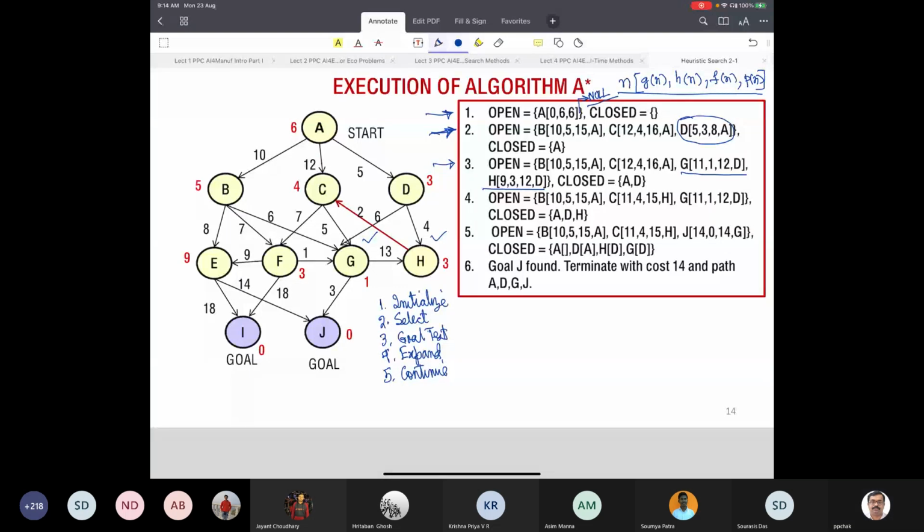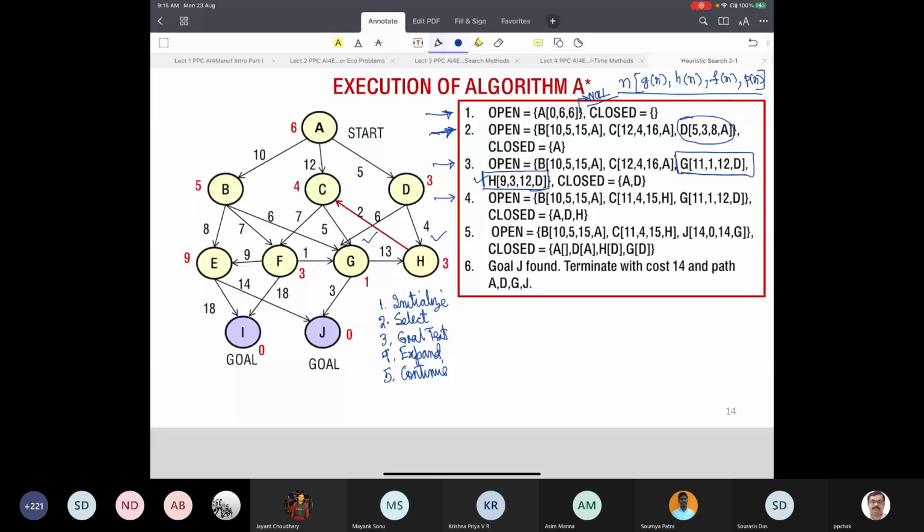Yes, sir. Okay. Now, after we have removed D and put the children of D, which node will be removed? Sir, H will be removed. Why not G? Sir, it has minimum G of n.